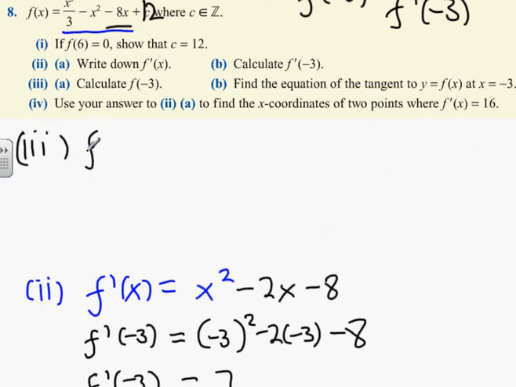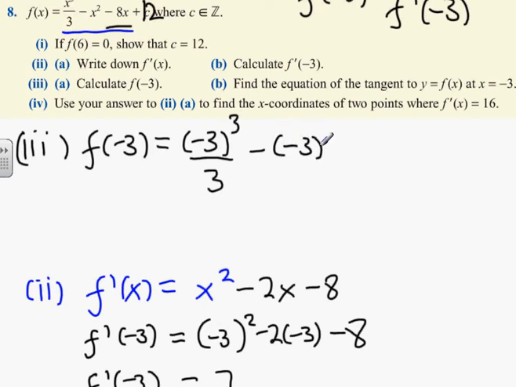Put it in the original? Yeah. And what happens when you put it in the original? Minus 3 cubed over 3, minus minus 3 squared after that, minus 8 times minus 3 after that. And sorry, it's a C value. C. Plus, and C is 12, okay?